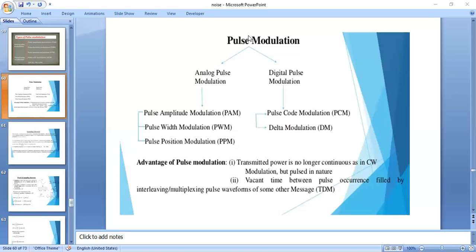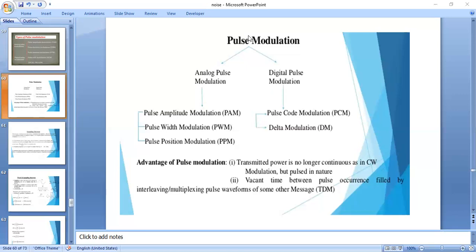Okay, so now in this class I'm going to discuss pulse modulation introduction. We know that modulation is classified into two types: continuous wave modulation and pulse modulation. The continuous wave modulation is again classified into two types: amplitude modulation and angle modulation.